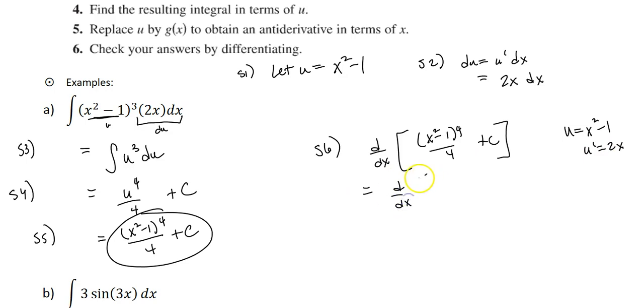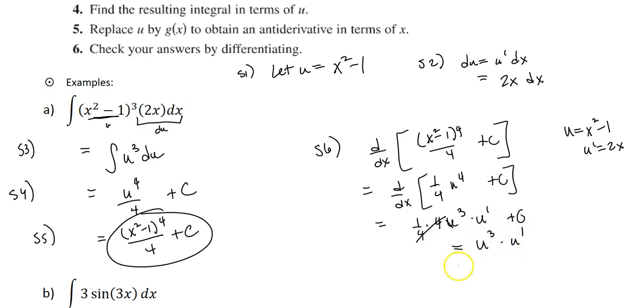So this would be the derivative with respect to x of 1/4 u to the 4th plus c, which is going to be 1/4 times 4 times u cubed times u prime plus 0. The 4's cancel, so I get u cubed times u prime, which is x squared minus 1 cubed times 2x. So you can see that you do get what you started with up here. So it's not necessary to check every time, but it is pretty straightforward if you wanted to do it.